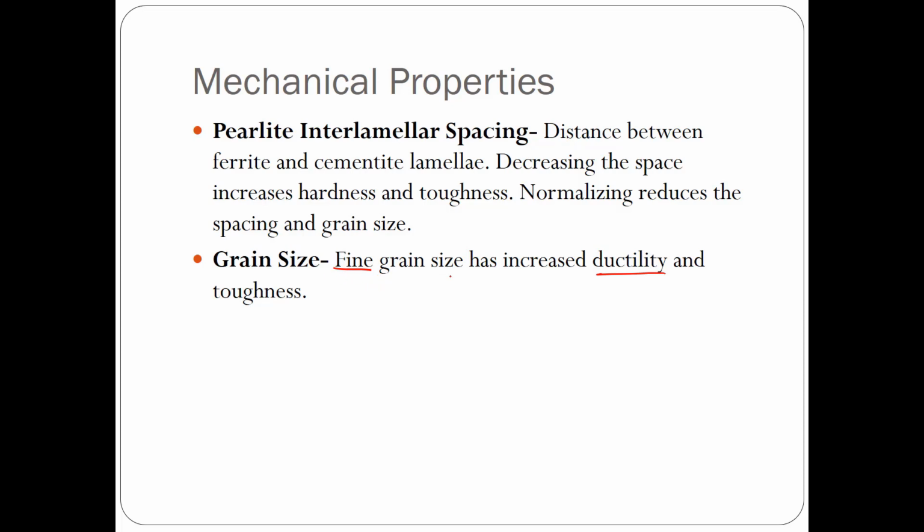We know that finer grain size increases ductility and coarser grain size reduces ductility. Same thing up here. Finer perlite lamellar spacing will increase ductility and toughness. Coarser will reduce ductility.